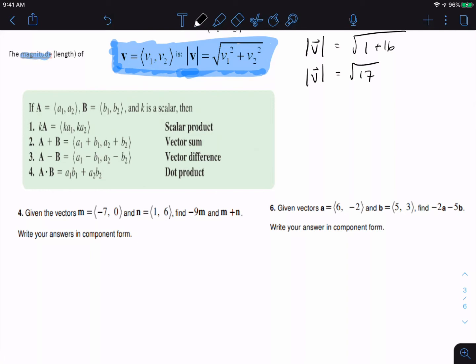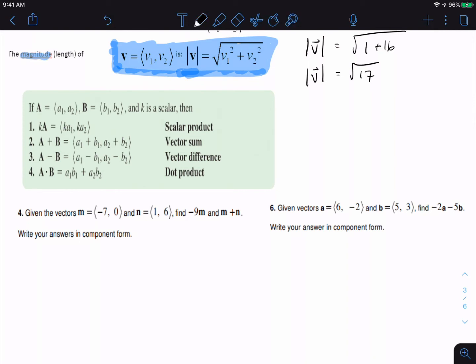So that negative 9m is going to just follow this scalar product. And so all that tells me to do with the scalar product is to multiply each of my values by my scalar. So vector A has A1 and A2, and it's being multiplied by K, so K multiplies with each of vector 1 and vector 2.